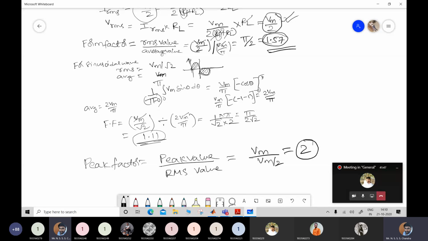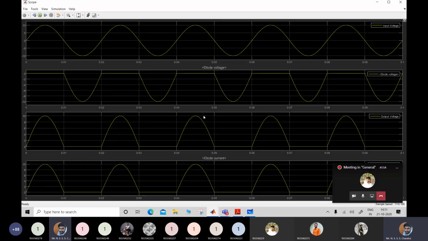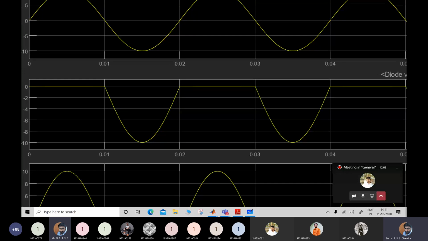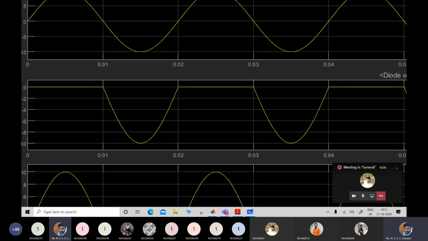Okay, so let us open our waveform here. What is the maximum value you are seeing here in the circuit? I'll zoom it for you. What's the maximum value you are seeing here? The maximum reverse voltage. 10, sir. 10, right?